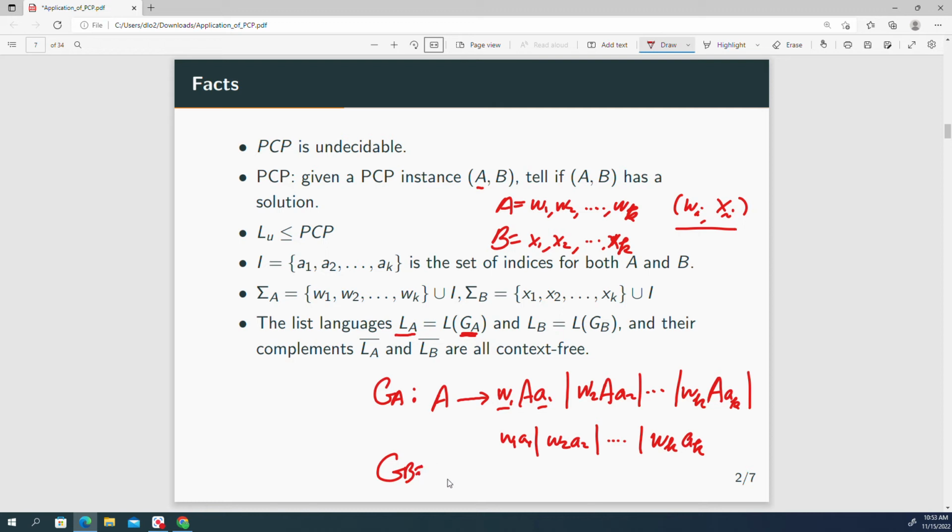Grammar GB is B producing, instead of WI, X1 B A1, and all the way to XK B AK, and also the terminal strings X1 A1 all the way to XK AK. So that's grammar GB.